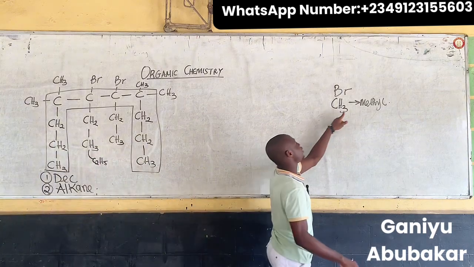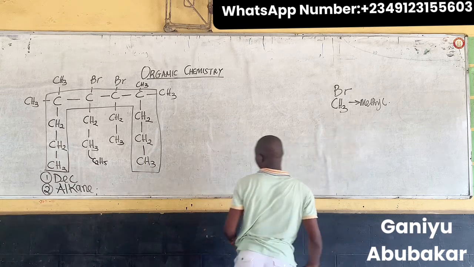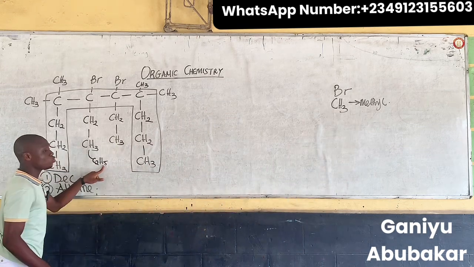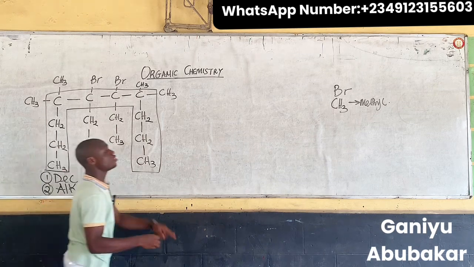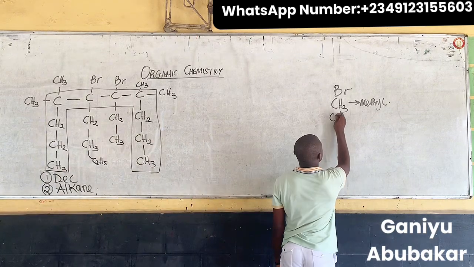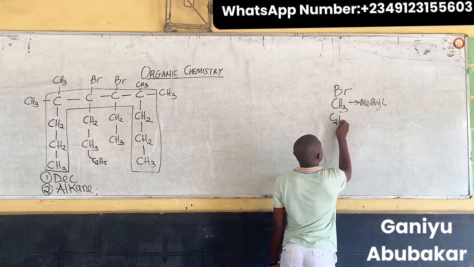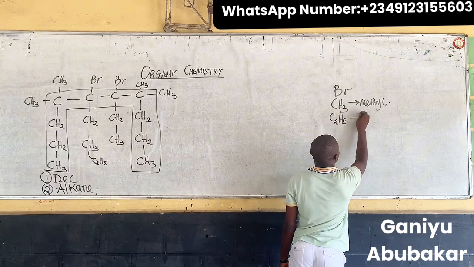If CH3 is methyl, then C2H5 becomes ethyl. So in this compound I have C2H5, and that's ethyl.